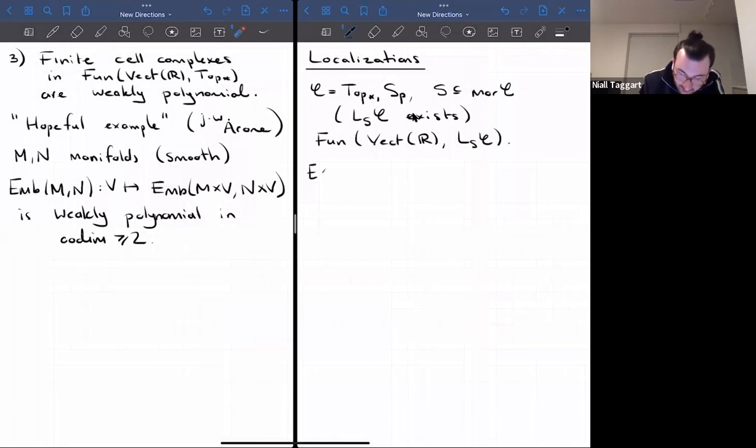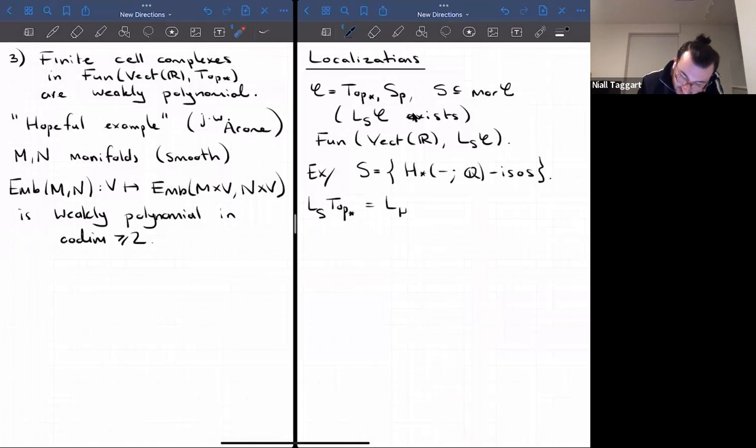So the example I'm going to focus on is when the set of maps S is, let's say, isomorphisms induced on rational homology. In which case, L_S, let me just do spaces, that's maybe slightly easier, is the same thing as what's called L_HQ spaces, which is spaces up to rational homotopy or rational homology.